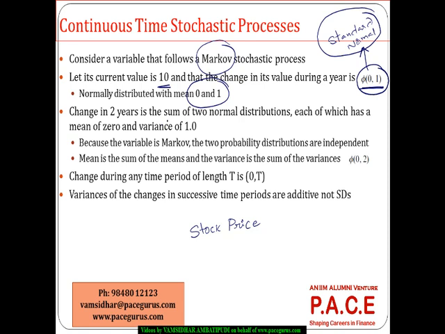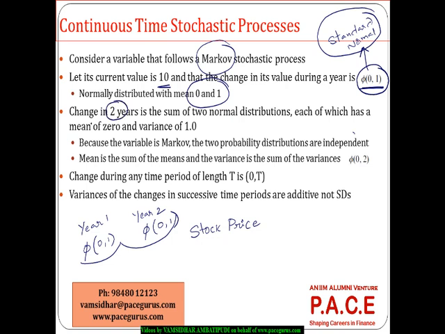A few interesting things which we talk about is if it follows a Markov property, even if I am taking a 2-year period, year 1, year 2. Year 1 follows a standard normal distribution. Year 2 also follows a standard normal distribution. Now, this is the change in year 1, this is the change in year 2.